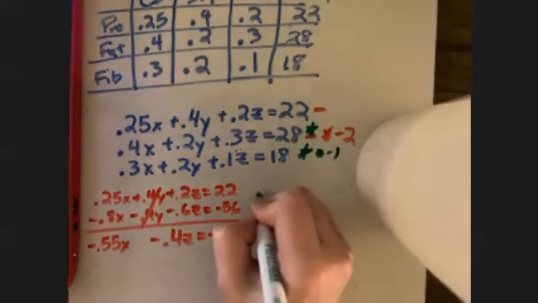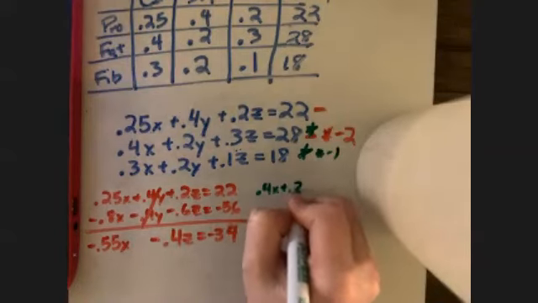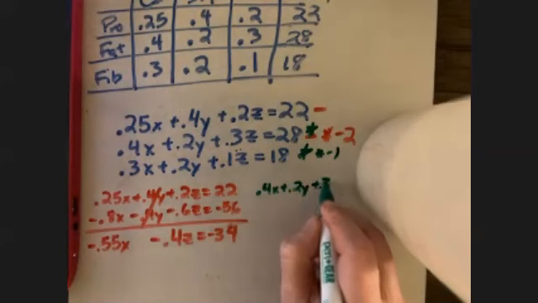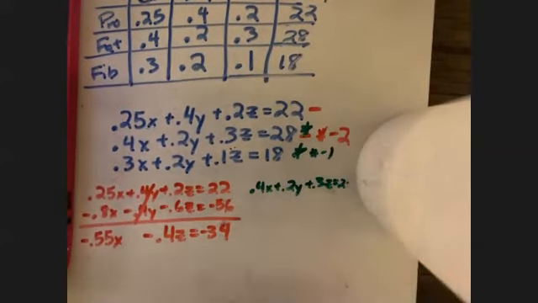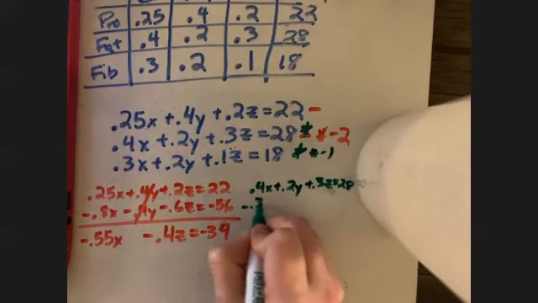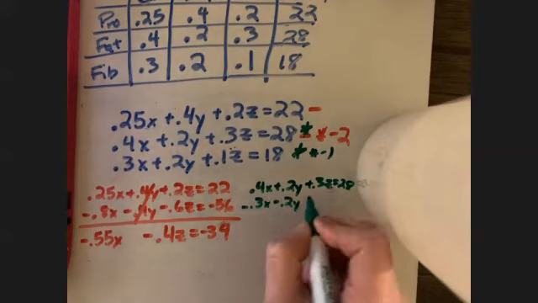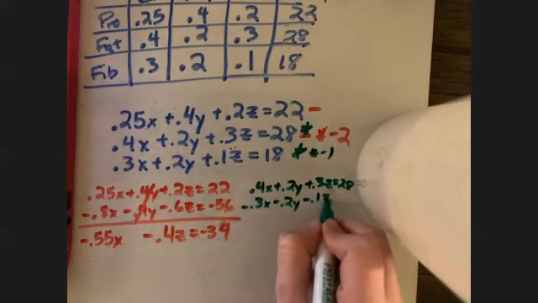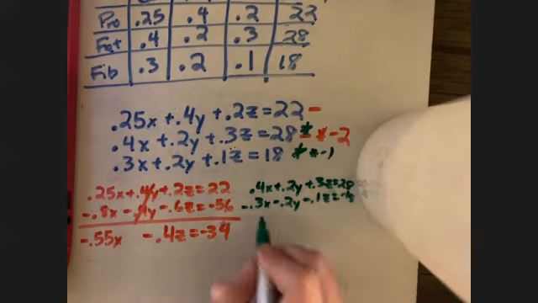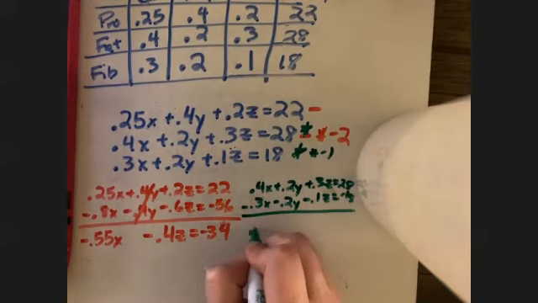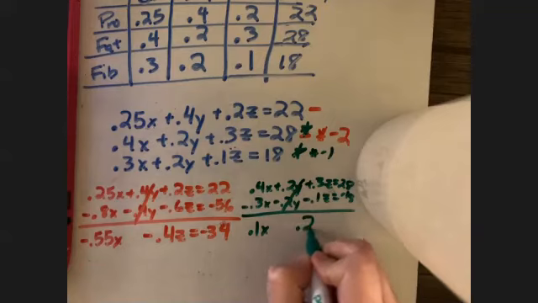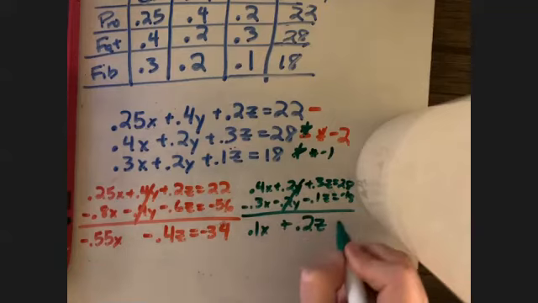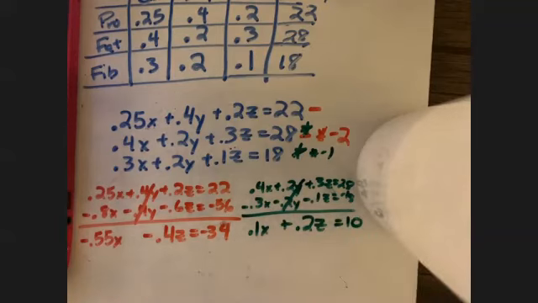Okay, so I've got 0.4x plus 0.2y plus 0.3z equals 28. We've got -0.3x minus 0.2y minus 0.1z equals -18. So it's going to be 0.1x plus 0.2z equals 10.